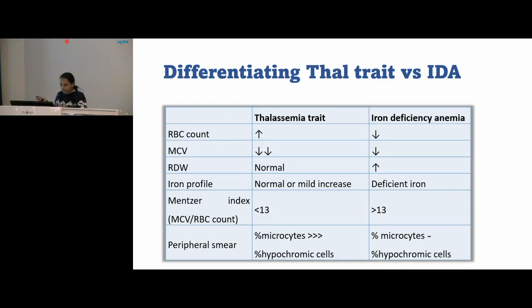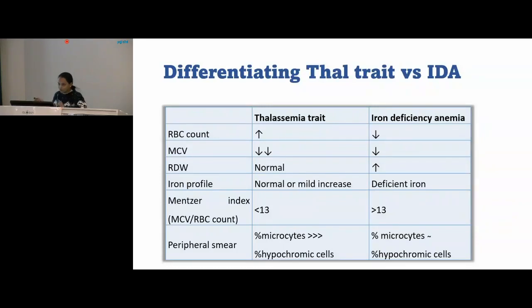But since iron is not there for production of RBCs, in iron deficiency anemia the RBC count is also going to go down. Microcytic anemia is seen in both these conditions, but in iron deficiency anemia you have microcytic and hypochromic cells which are seen equally commonly. But in a peripheral smear of thalassemia trait, it is usually predominantly microcytic cells rather than hypochromic cells.